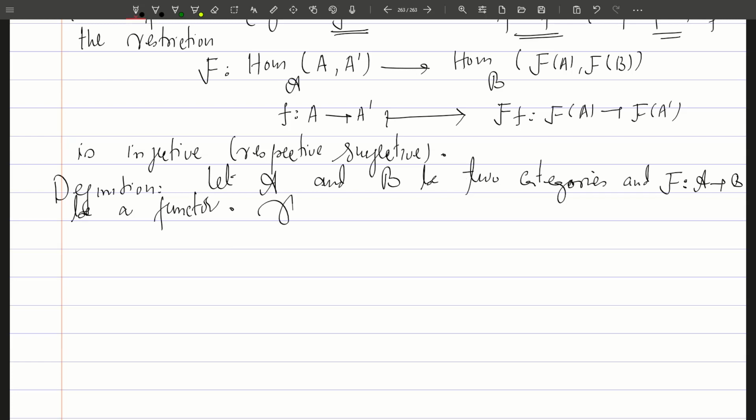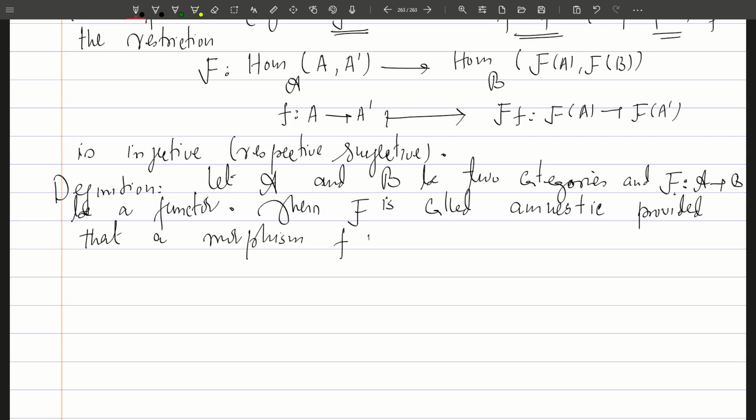Then this F is called an amnestic functor, provided that a morphism f in category A is an identity morphism whenever the morphism F of f is an identity.